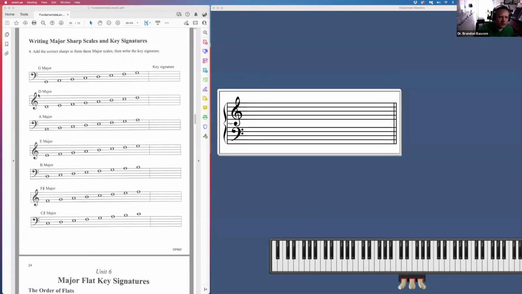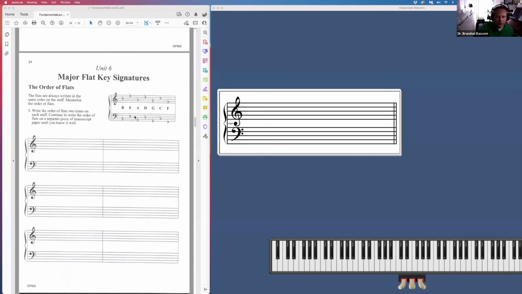Don't put the key signature in here. Sharp these individual notes and then put the key signature here. A lot of you have been taking that shortcut when that's not what they want you to do. So make sure you write in the sharp on the notes.